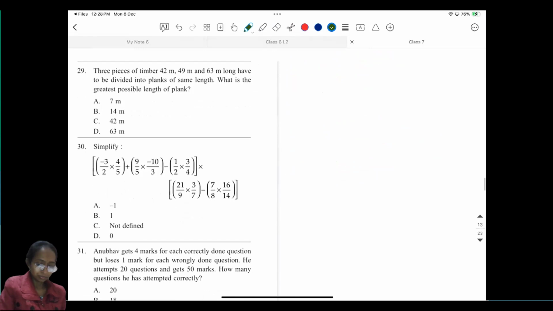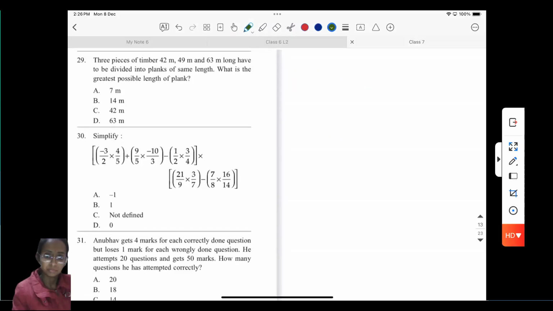Now the next one, 29th. Three pieces of timber, 42 meters, 49 meters and 63 meters long, have to be divided into planks of the same length. What is the greatest possible length of the plank?